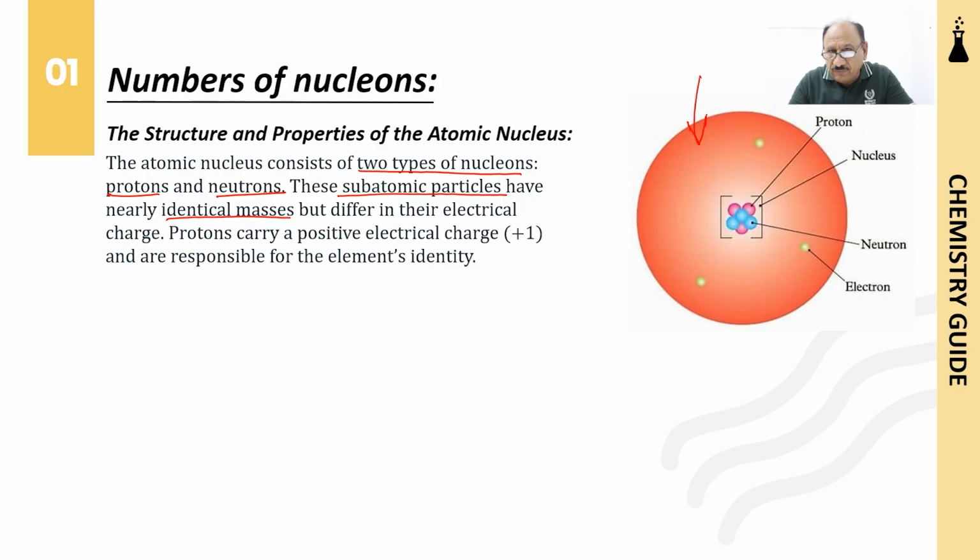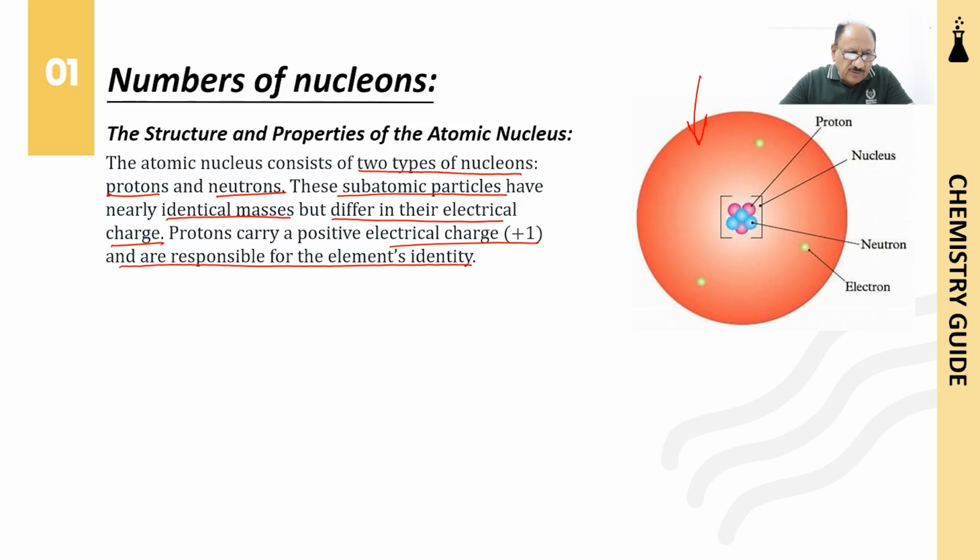Protons and neutrons have almost the same mass but differ in their electric charge, because a proton has +1 charge and a neutron is electrically neutral, or you can say the charge is balanced. Protons are responsible for the identity of the element. We identify elements on the basis of the number of protons they contain inside the nucleus.